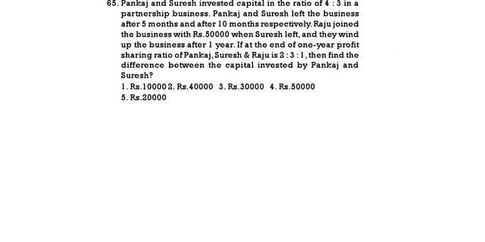So here we are having 3 persons. Pankaj, then Suresh, and finally we are getting Raju also. Now, Pankaj and Suresh, they are investing 4:3. That means 4x, 3x.